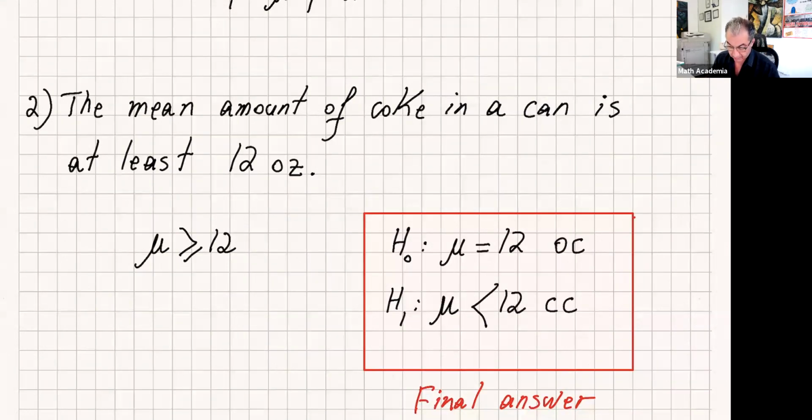So right away, I see the equal sign and I know this is H0. So I write H1, the mean is less than 12, the complement. The claim I wrote first was H0, so this is OC and this is CC. Do not forget this part.